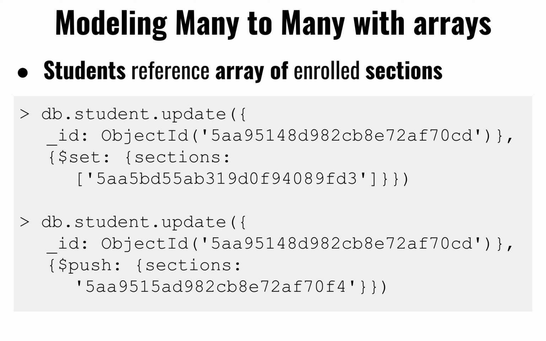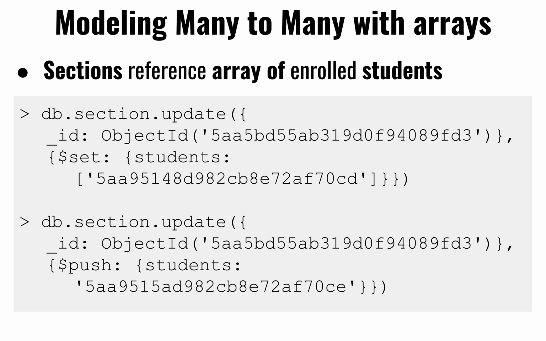Since section is an array, I can modify that array, right, and push an additional string into the sections, right? Add an additional ID in there, right? Okay. So here I'm enrolling a different student in a different section, and then I am enrolling them in an additional section as well.